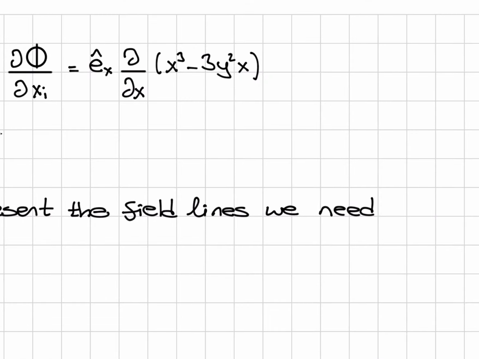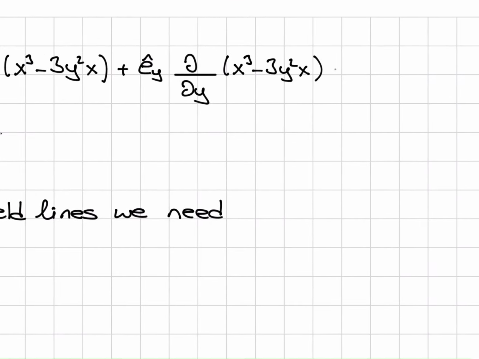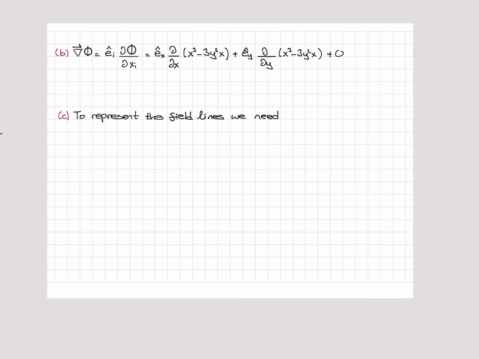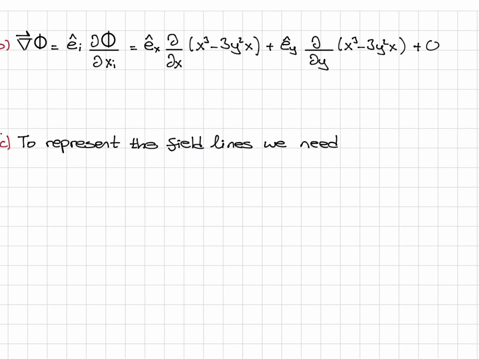And then I have the y component, e_y hat, the derivative with respect to y, del y, of the scalar function, x cubed minus 3y squared x, and then there could be a z component, but since there is no z component, plus 0. So the last term is 0. So we can now write gradient of phi.